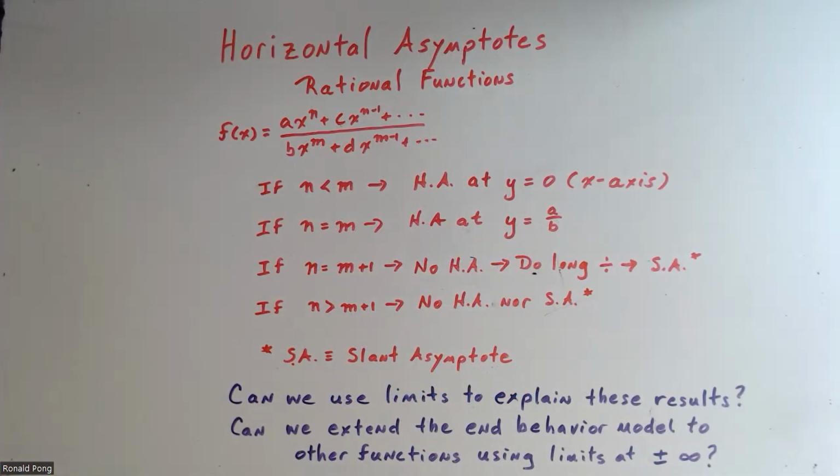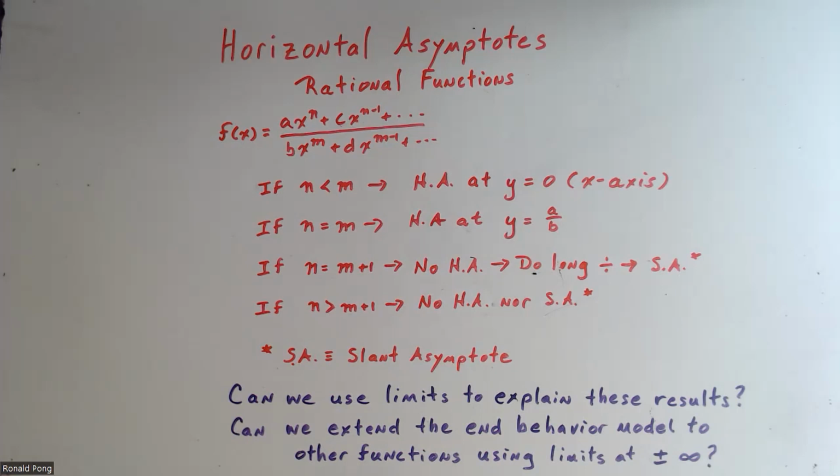In pre-calculus, we also learned about horizontal asymptotes for rational functions. Given f of x, a rational function, which is a ratio of two polynomials, the degree of the numerator polynomial being n and the degree of the denominator polynomial being m, if n is less than m by any amount, then the horizontal asymptote is at the line y equals 0, which is the x-axis.